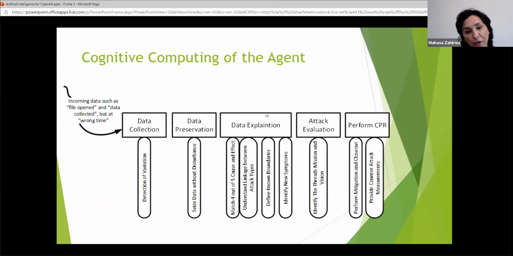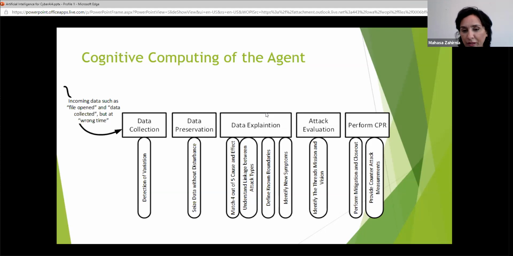This data flow diagram that I have outlined here is very similar to a detective coming into a crime scene. So we get the information that we have a wrong file, wrong data, wrong time that has just come into our agent. What the agent does is detect and verify that this is malicious behavior.